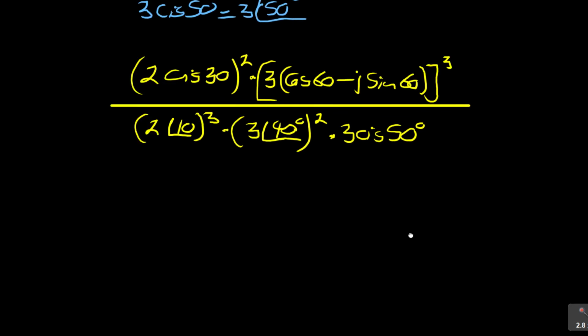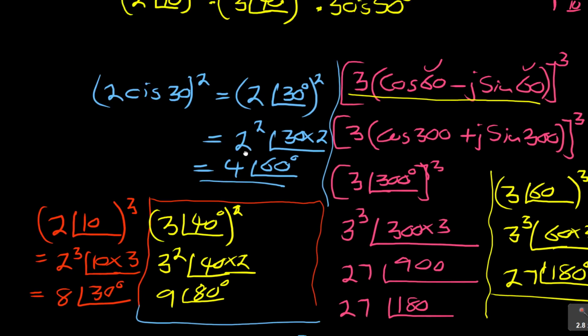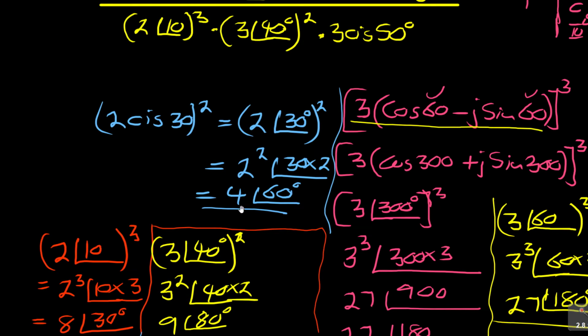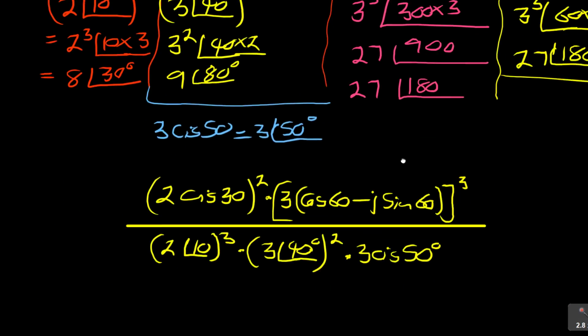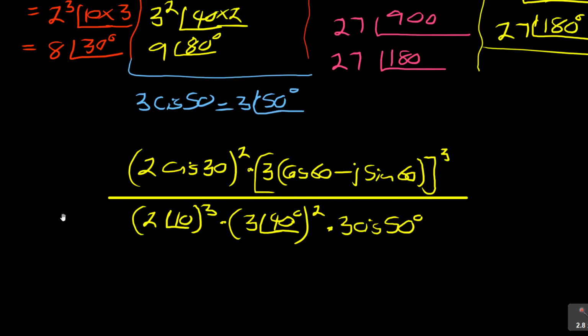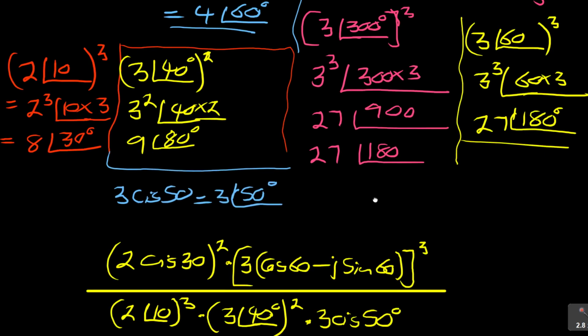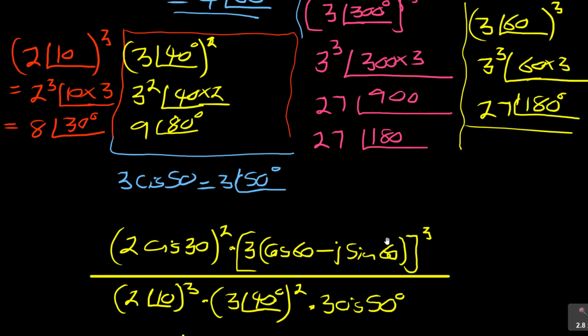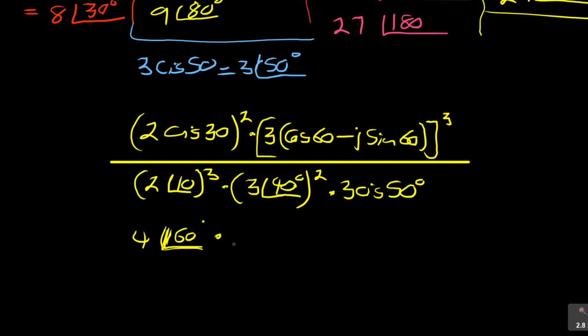I can now use the answers that I was getting. The first one was 4 at 60 degrees squared, so it's 4 at 60. If I continue, this will be 4 at 60, and then dot, and the other one gave me 27 at 180.